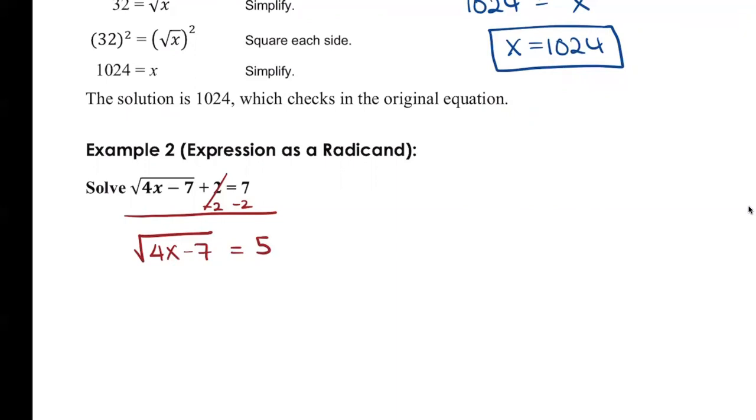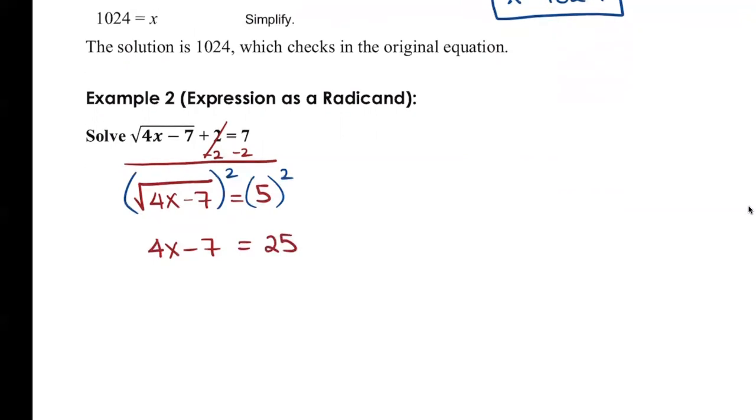All right, so now that I've isolated the radical, I square both sides to eliminate that radical. So on my left, the square eliminates the radical, so I'm left with 4x minus 7. And on the right-hand side, 5 squared gets me 25. And now you just solve for x.